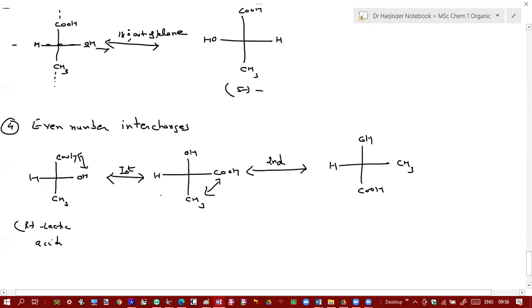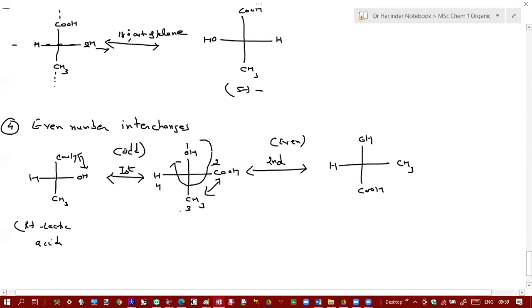So the first interchange is of course odd, and the second interchange is even. When you do the first interchange, what is the configuration of the resultant product, R or S? Sir, S. So you get one number over here, two, three, and four over here, and this is rotating in which direction, clockwise or anti-clockwise?